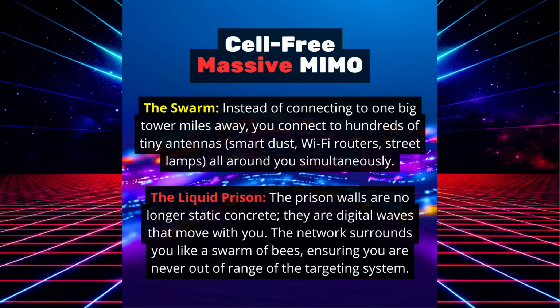They're even putting it in the paint now. That was in one of the sections we covered, I think like section 4, all around you simultaneously. It's the liquid prison. The prison walls are no longer static concrete, they're digital waves that move with you. The network surrounds you like a swarm of bees, ensuring you are never out of range of the targeting system.